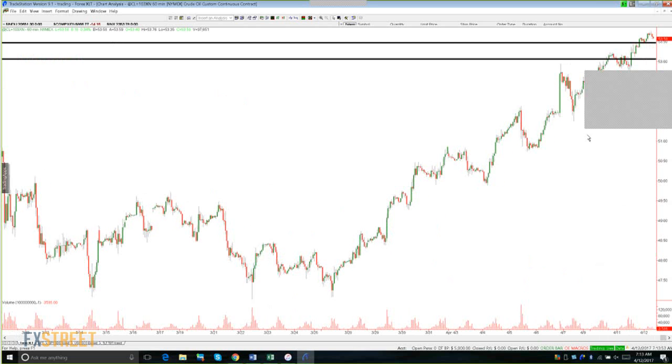Okay. So you can see price struggled at the first level, and then we've got that second level up there that it hasn't even reached yet. But I think you're looking at the higher time frame.